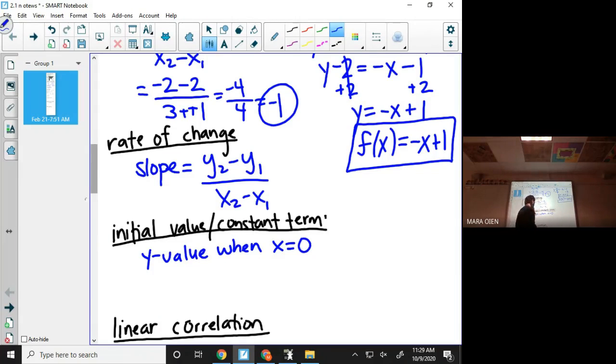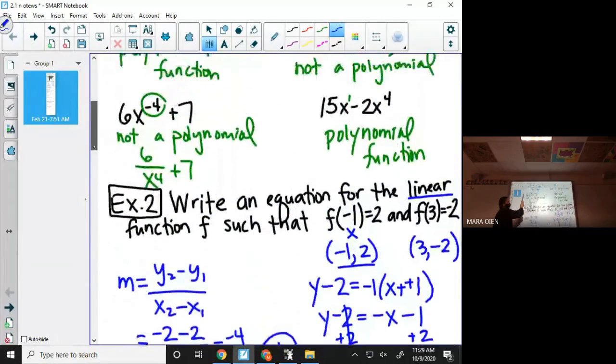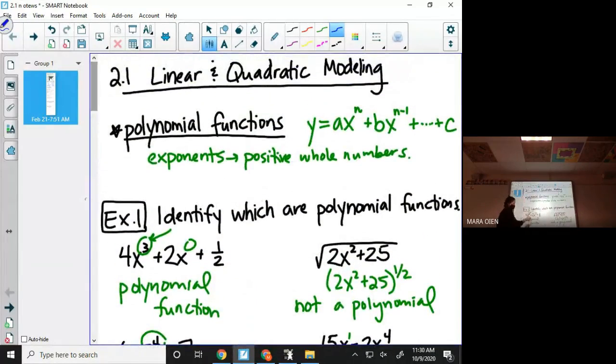But if we think back, and I know you're writing that down, I will come right back to this. If I think back to when I defined a polynomial, if my x value is 0, that'd be a times 0 plus b times 0 plus all these other terms times 0 until I get to this very last term right here that did not have an x next to it, so I could not multiply it by 0. So at time 0, all these other terms are going to go away. All that will be left is that last term that doesn't have an x next to it.